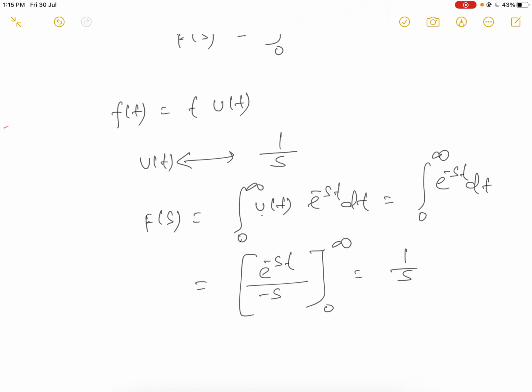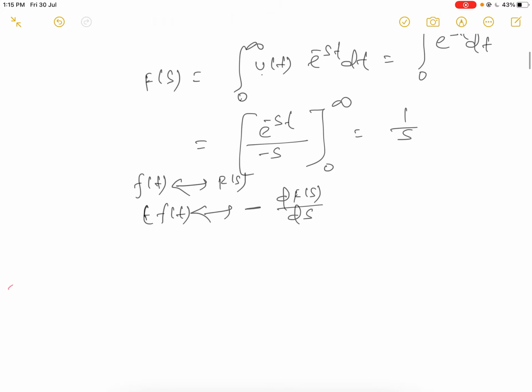Now for multiplication by t, we know that if the Laplace transform of f(t) is F(s), then the Laplace transform of t f(t) will be minus dF(s)/ds. So F(s) is equal to minus d/ds of 1/s.